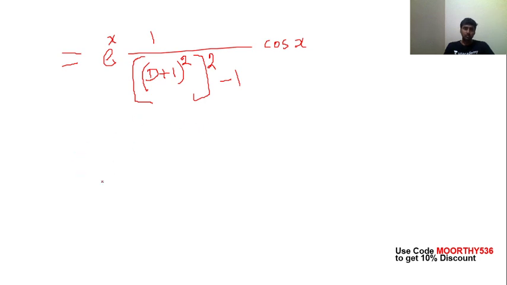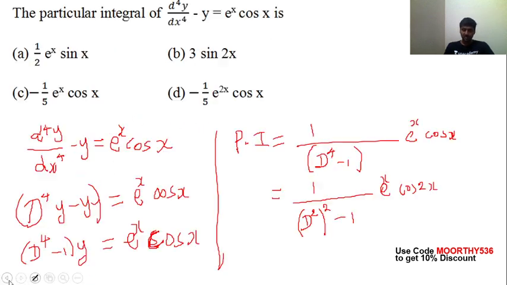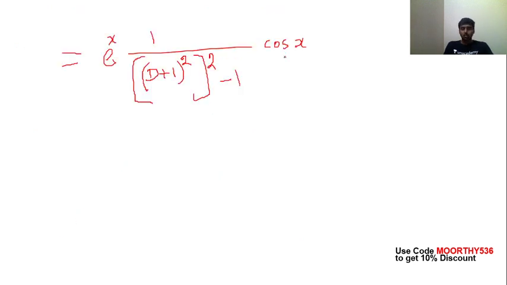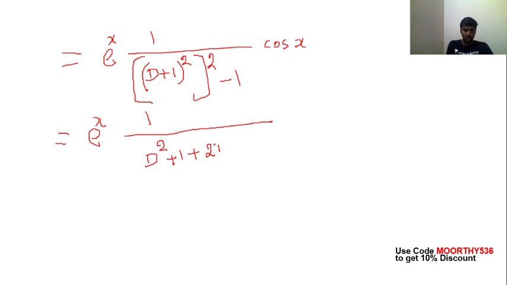Now from the previous step, what we are doing here: cos x, expand this as per the procedure. e power x divided by (D square plus 1 plus 2D) the whole square minus 1, into cos x.